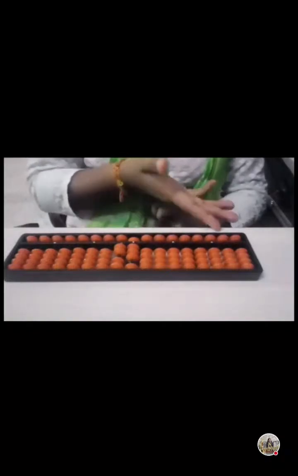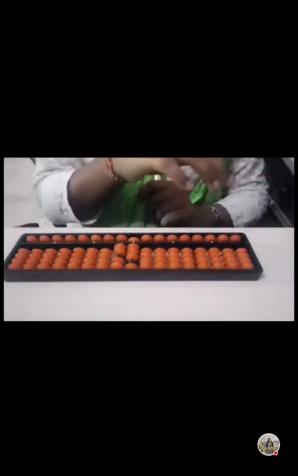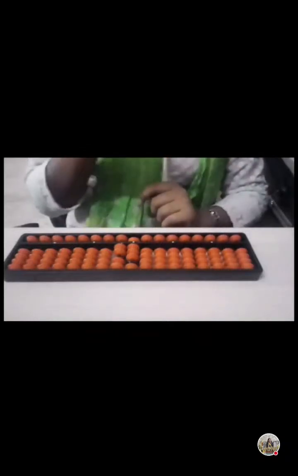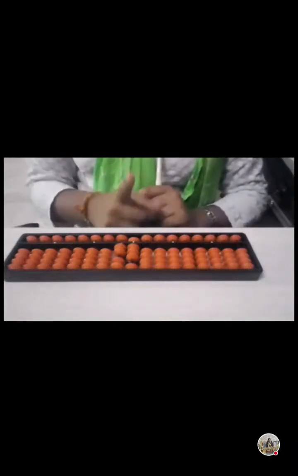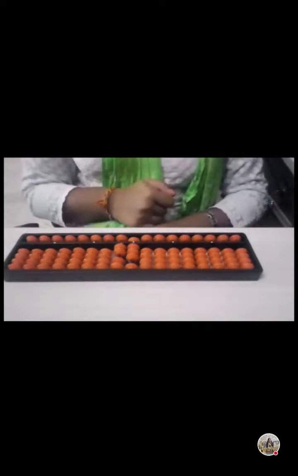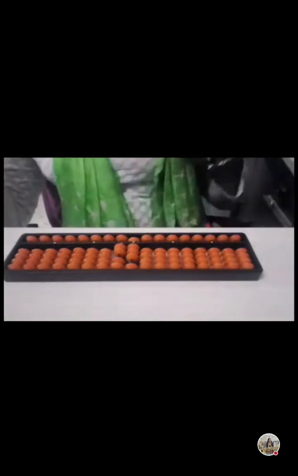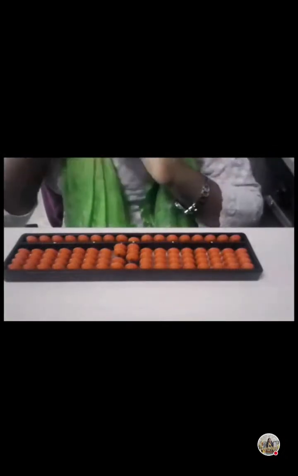No favor is left here. We marked it up here to see if there is any favor. We don't have any favor here, and we have our answer, that is 28. 147 minus 88 plus 69 is equal to positive 28, or just 28.